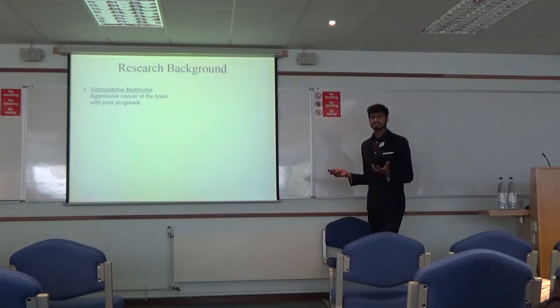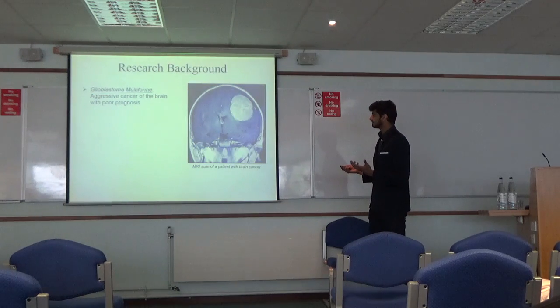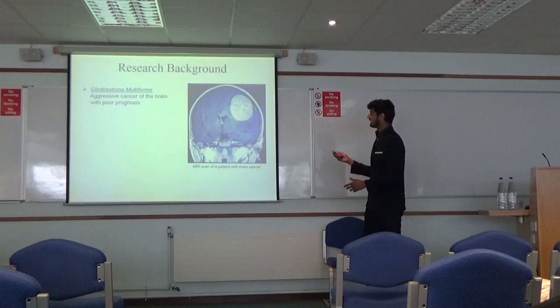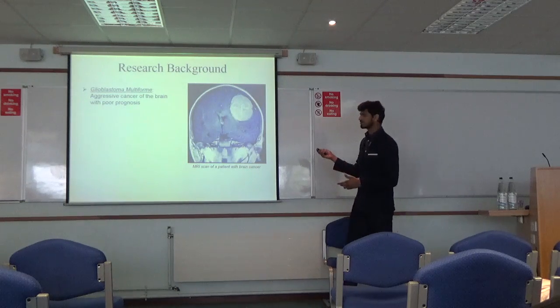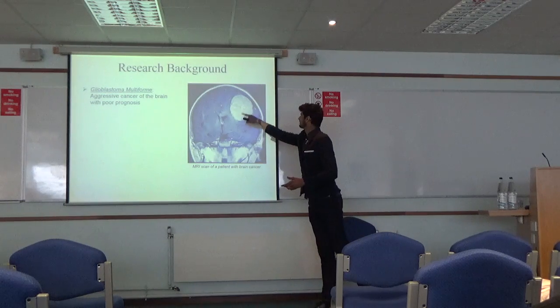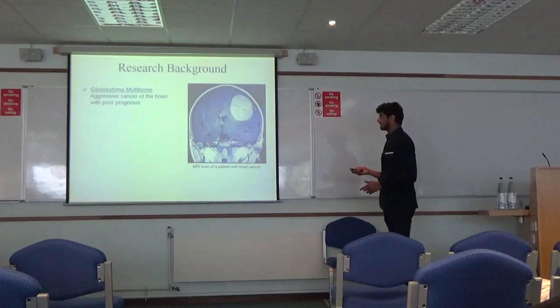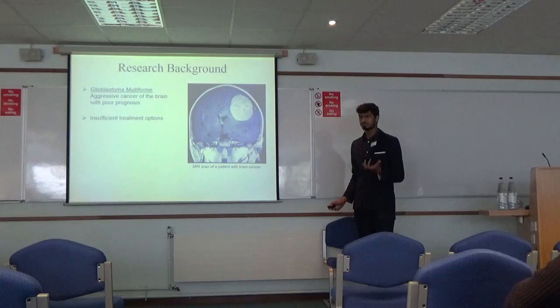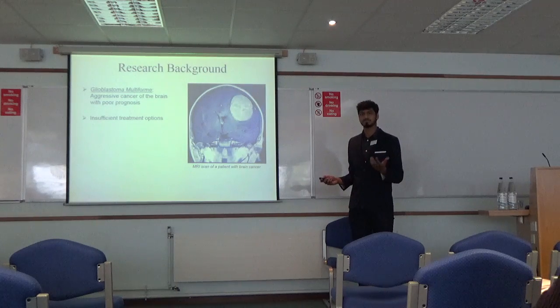And once it comes to that stage, therapeutic strategies are limited. This is the MRI scan of a patient with a brain tumor. As you can see, this is the brain tumor. The main problem here is there are insufficient treatment options.